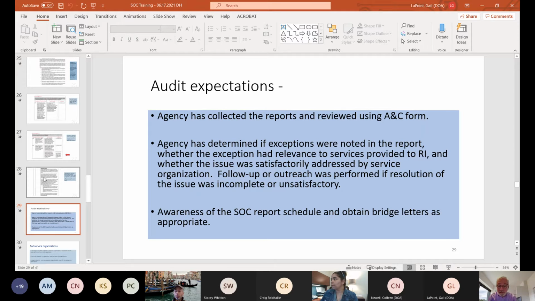If there were any exceptions noted, there should be some consideration of whether the exception had relevance to services provided to Rhode Island and whether the issue was satisfactorily addressed by the service organization. And if need be, that you did some follow-up or outreach if the resolution of the issue was incomplete or unsatisfactory as identified in the report.